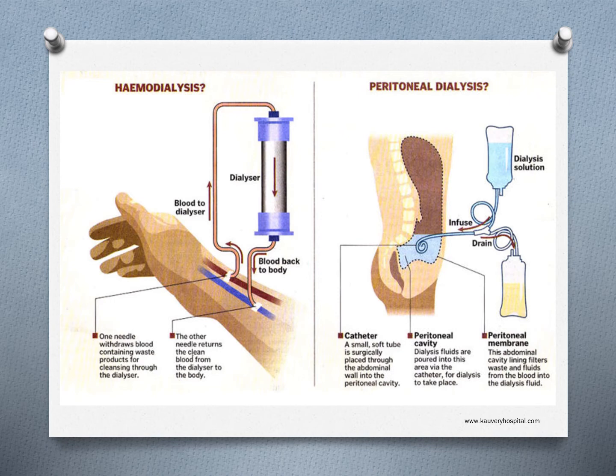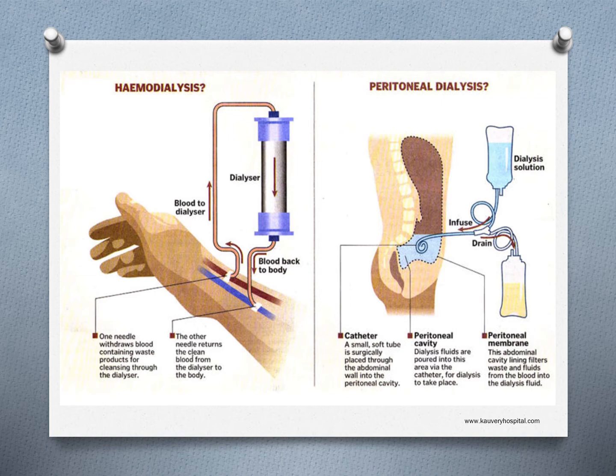In the other diagram, we see the method of peritoneal dialysis. In peritoneal dialysis, a small soft tube called a catheter is surgically placed through the abdominal wall into the peritoneal cavity. Into the peritoneal cavity, dialysis fluid is poured via the catheter.